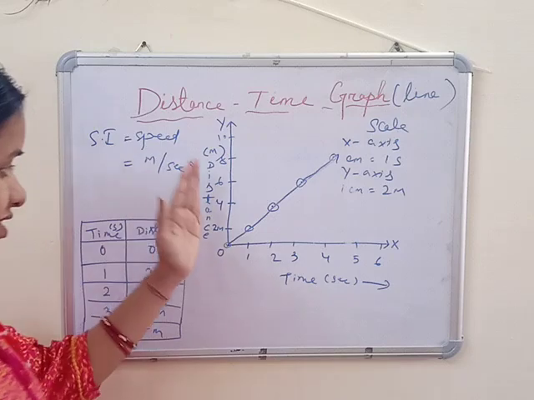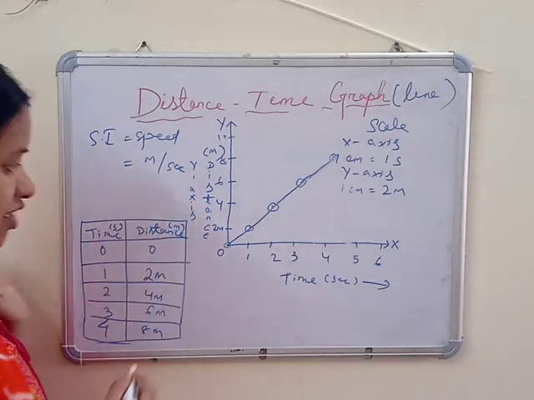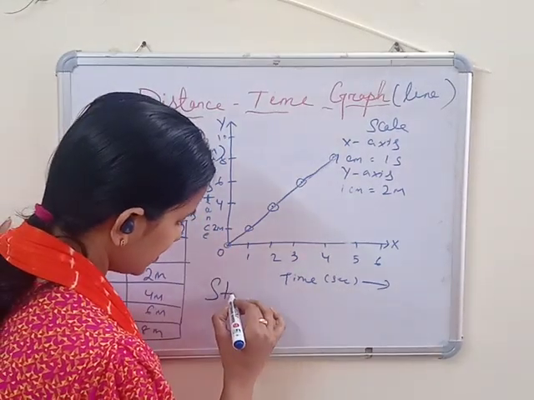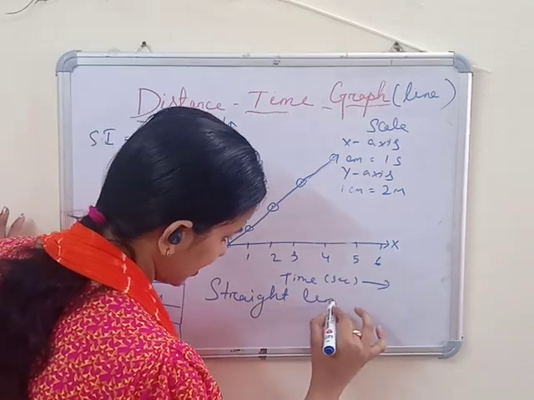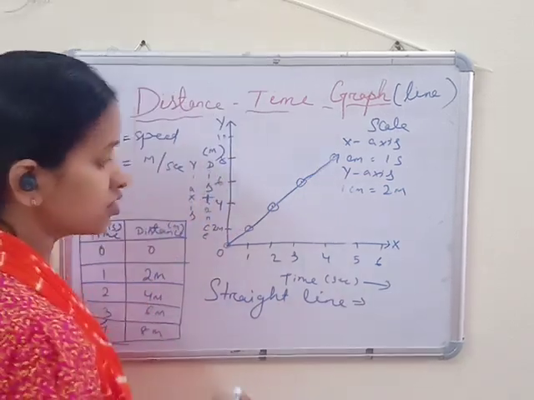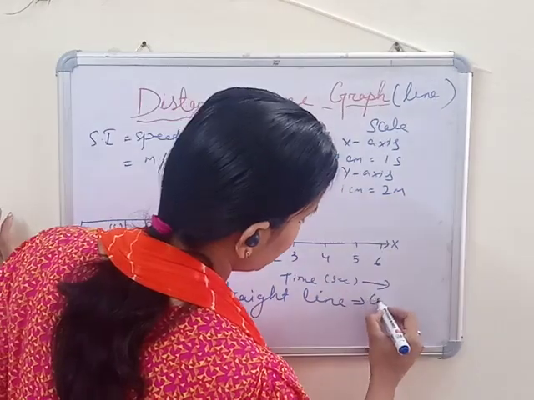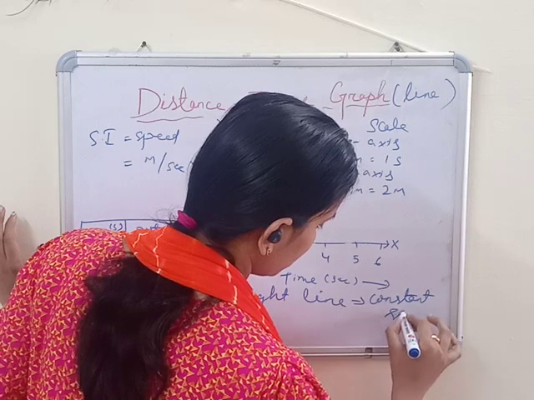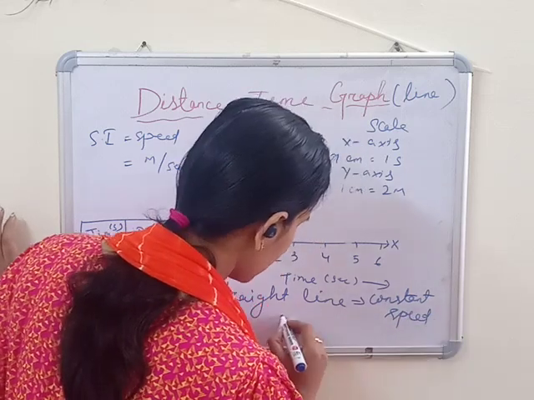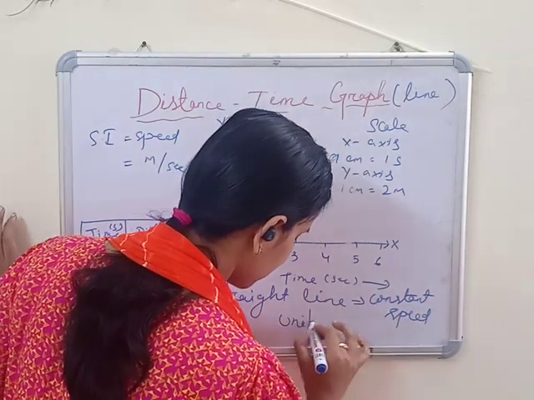If the distance time graph nature is a straight line, then the motion of the object is at constant speed. Constant speed means uniform.